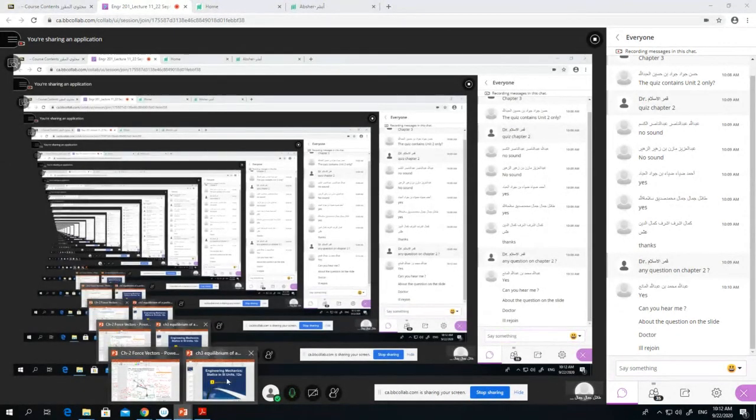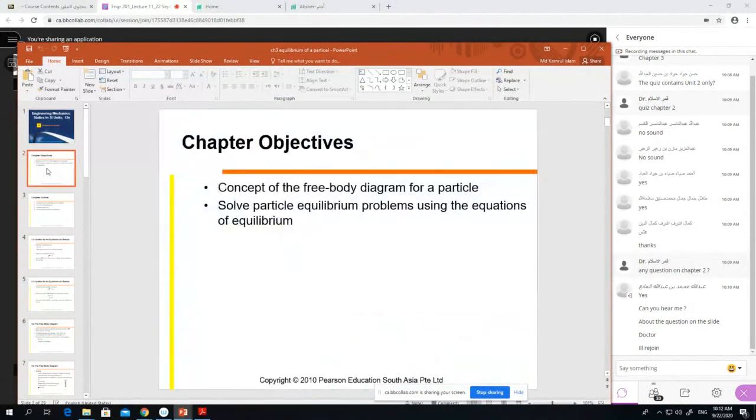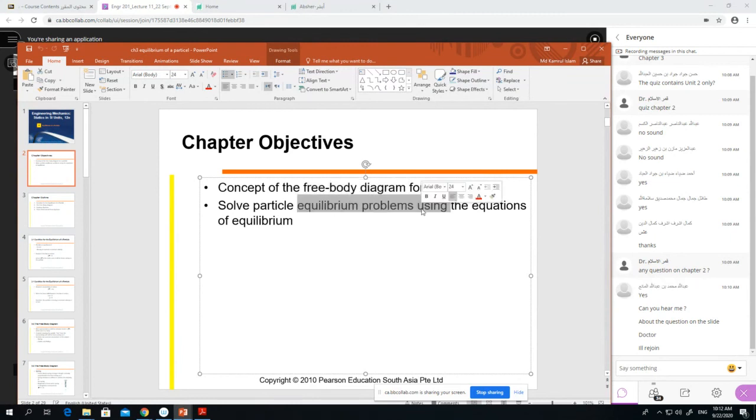Okay, chapter 3 is the equilibrium of particle. So the concept we learn here is the free body diagram. What is a free body diagram? This is the important thing we will learn, and also how to solve the equilibrium problem. These two things are very important.